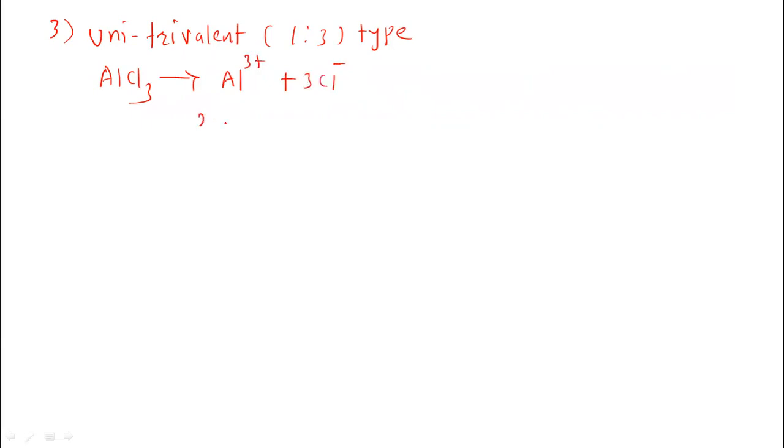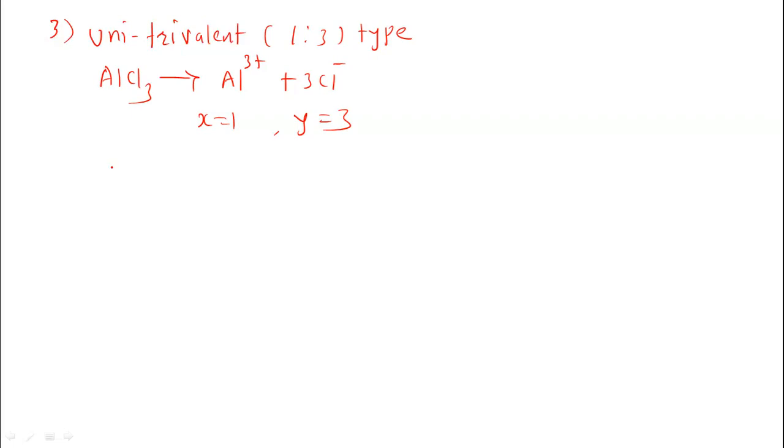So here x equal to 1 and y equal to 3. So it is 1 is to 3 type of the electrolyte, and it is unitrivalent. Cation is 1 but valency of the cation is 3.